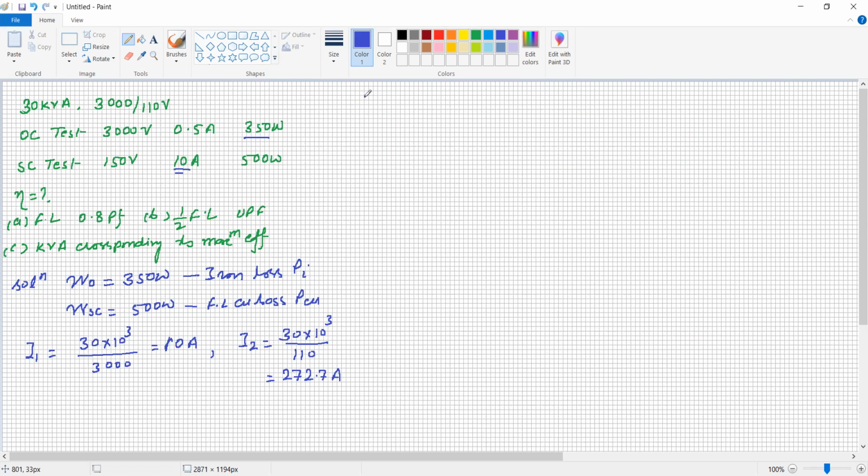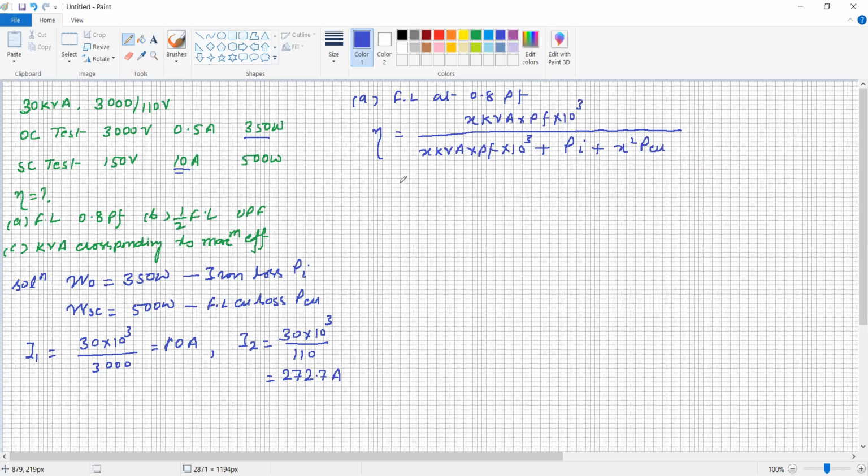Now the first calculation is the full load at 0.8 power factor. Efficiency is equal to X kVA multiplied by power factor into 10 raised to 3, divided by X kVA into power factor into 10 raised to 3 plus Pi plus X square PCU. Put these values.